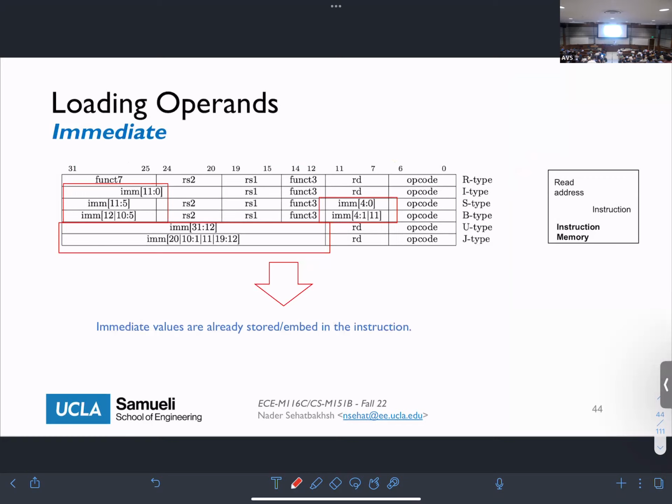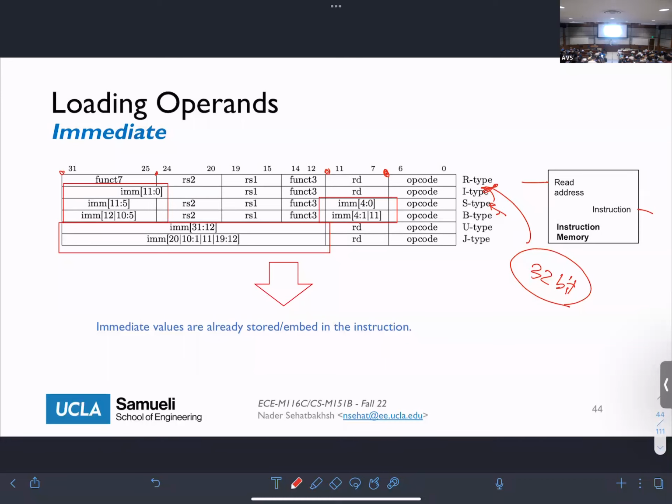When we read an instruction from the instruction memory, we get a 32-bit value, and if you go back and look at this table, the immediate is already stored in this 32-bit value. We just need to wire the bits together in the right format. For example, in this S-type instruction, we need to wire bits 7 to 11 plus bits 25 to 31 together to create our value.